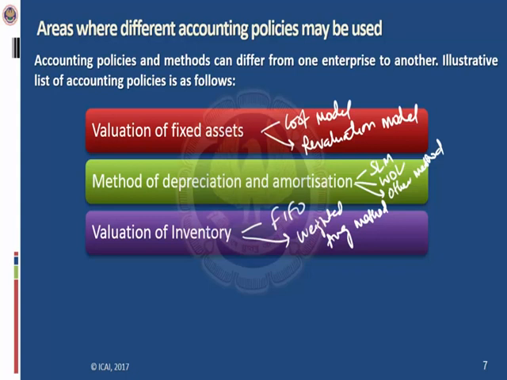So everything is the same, the situation is the same, the circumstances are the same, the prices are the same, the manner of trading is the same, but the valuation of closing stock is different only due to choosing a different method, a different accounting policy for valuation of inventory. So this policy needs to be disclosed.